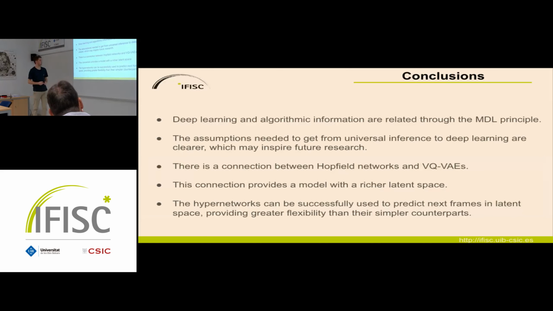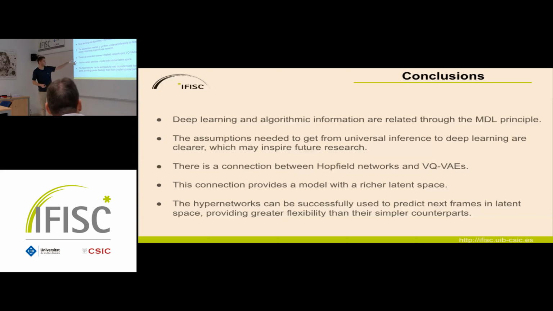So the conclusions: I have finished. Essentially, deep learning and algorithmic information theory are related through the minimum description length principle, which is taking the highest mode of the universal probability distribution. The assumptions have been made clear, and I think they are somewhat useful for future research.